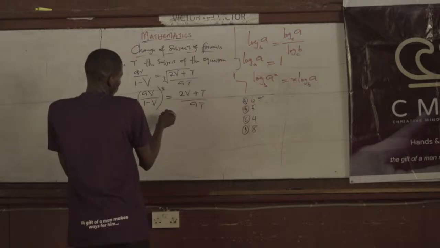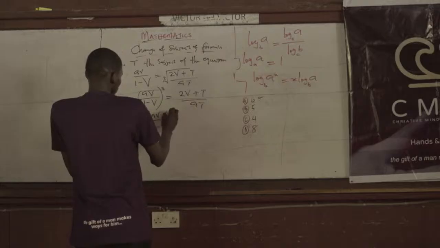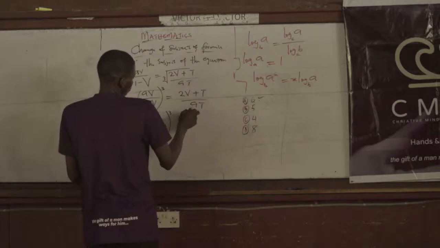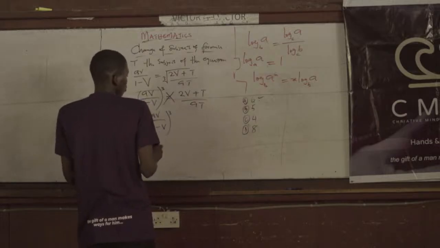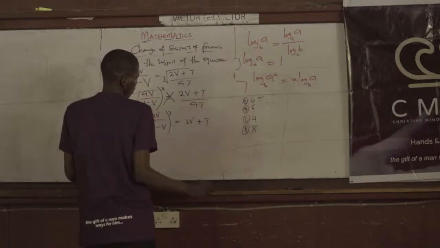This will just be AV over 1 minus V, all raised to power 3, so it is equal to, let's cross multiply, 80 here, which is equal to 2V plus T.